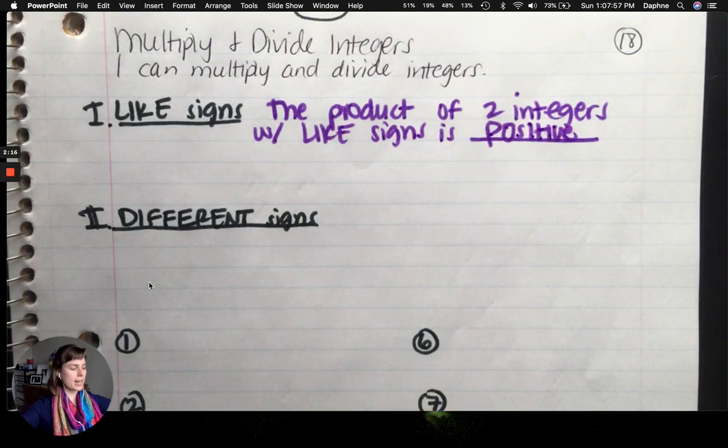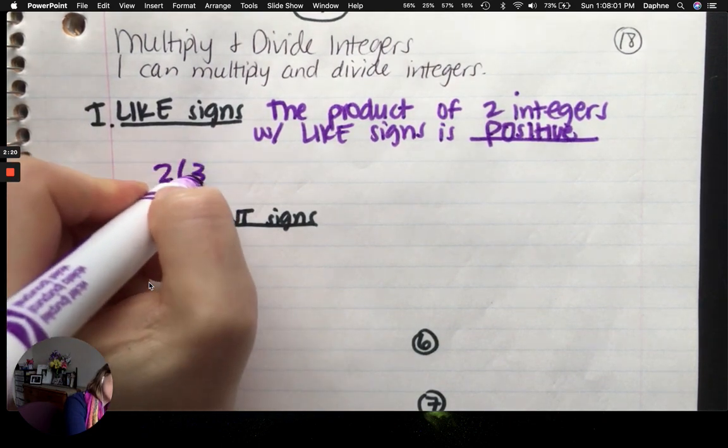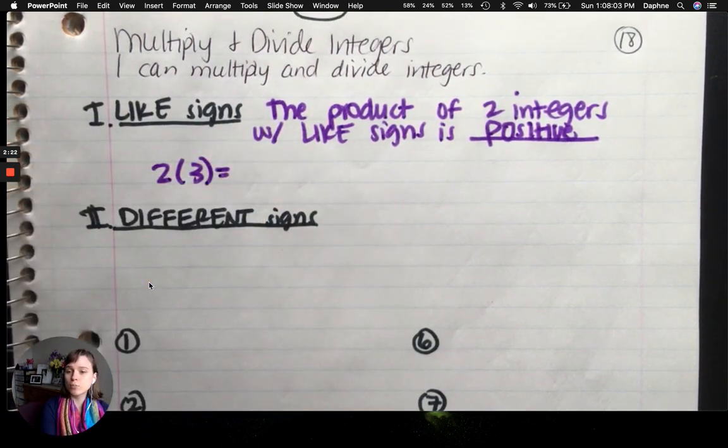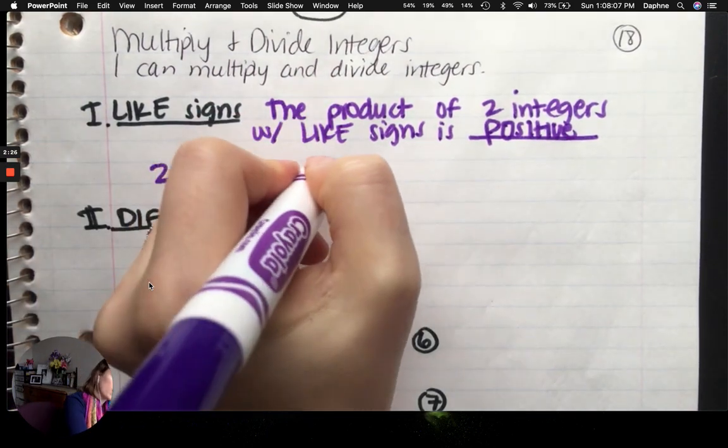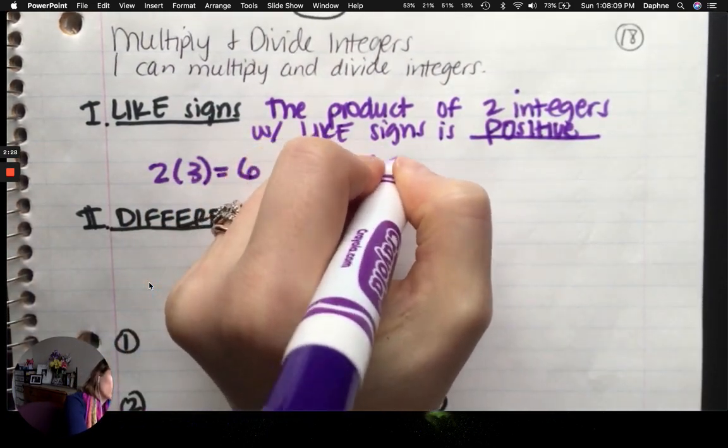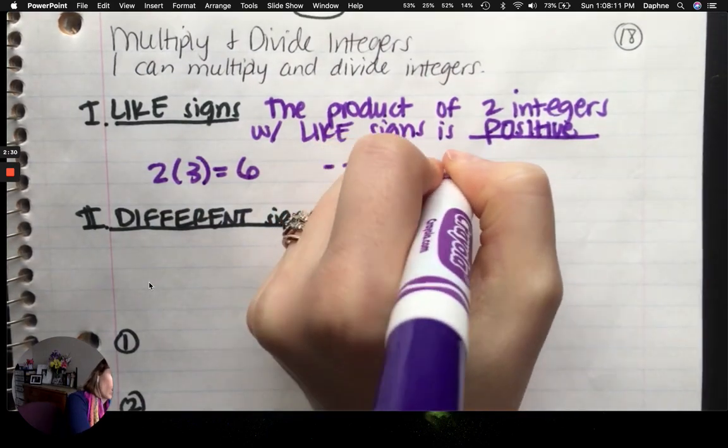Positive, that's the big takeaway. So in examples, if I do 2 multiplied by 3, I have 2 groups of 3. That would be 6. If I have negative 2 groups of negative 3, that would also be positive 6.